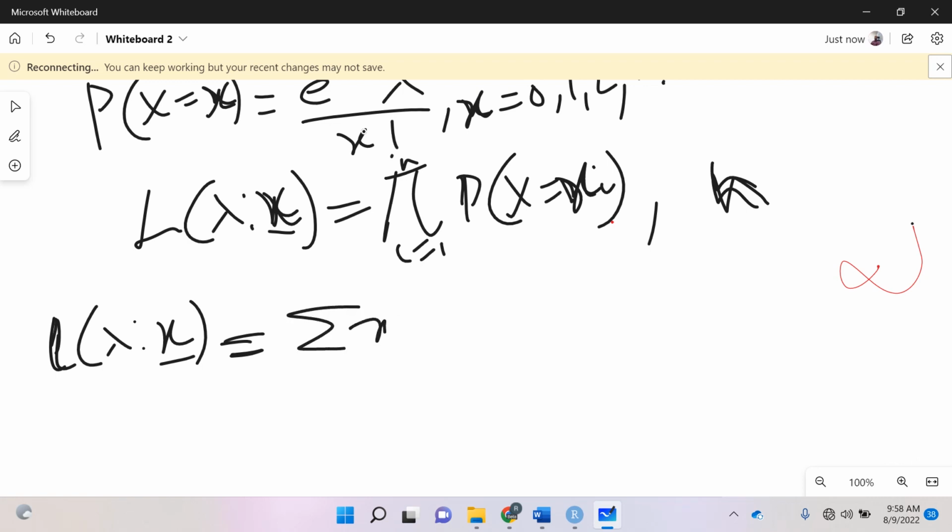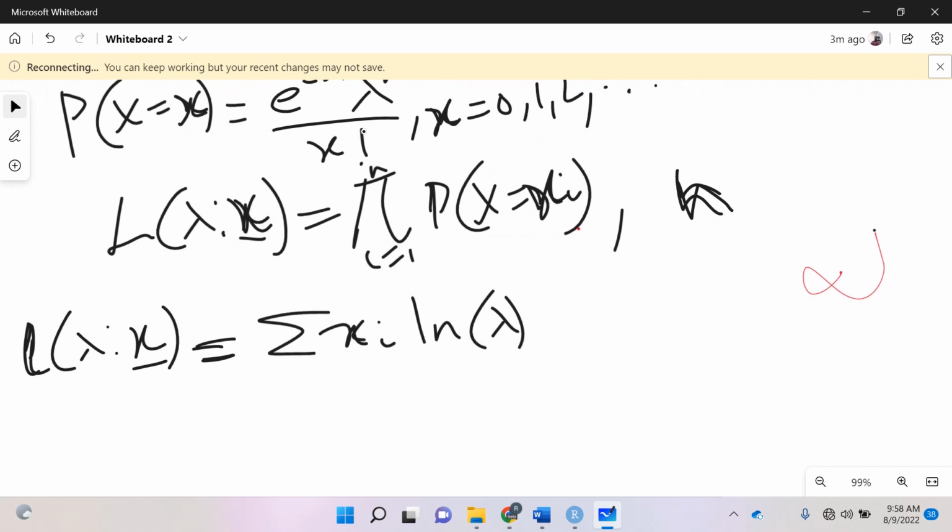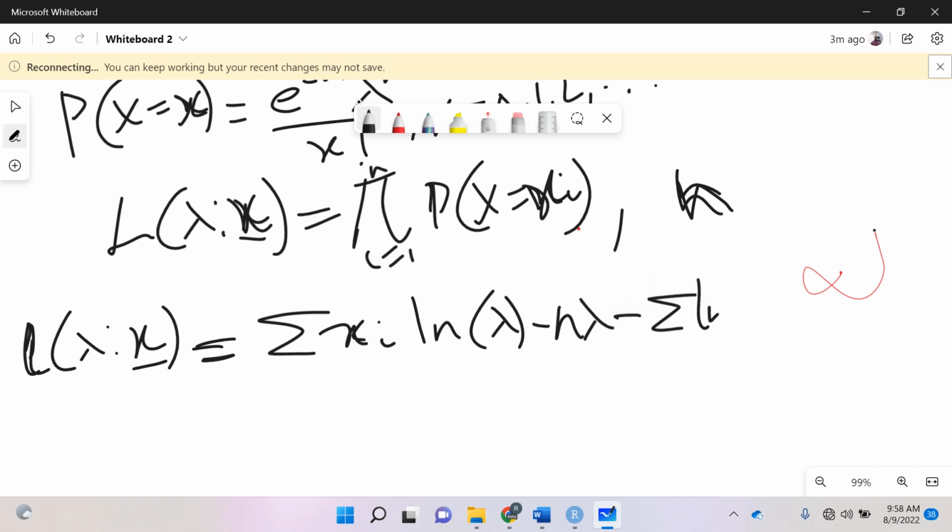So essentially you get sigma xi, then ln lambda, minus n lambda, minus sigma ln of xi factorial.